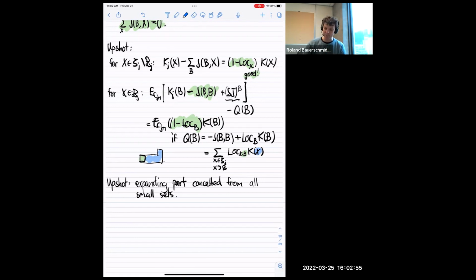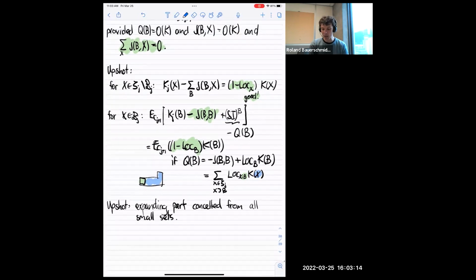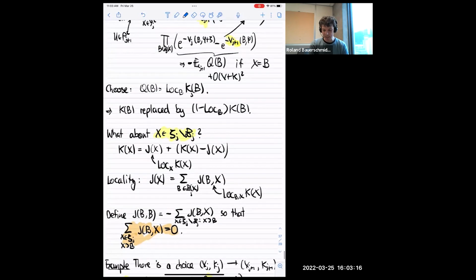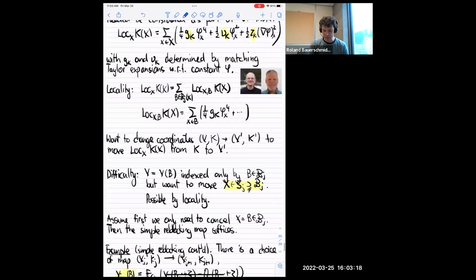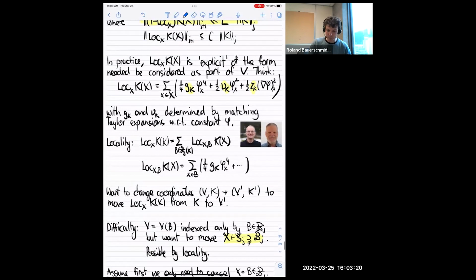These will give parameters that are only associated with the blocks, because the part from a small set K of X can be decomposed into these parts, so it's only going to be a sum over blocks here.